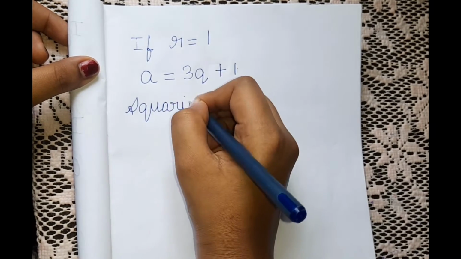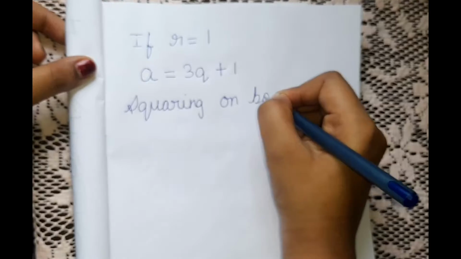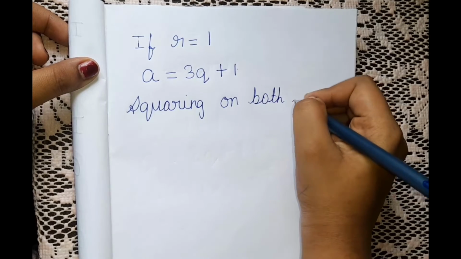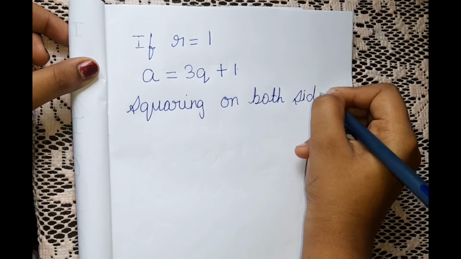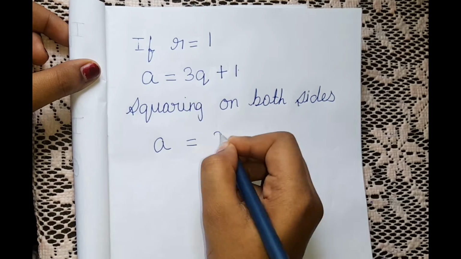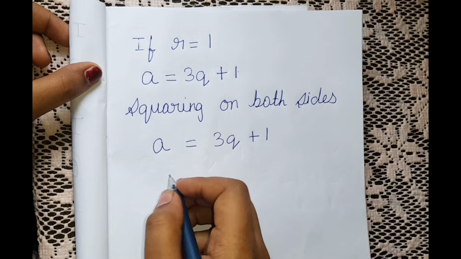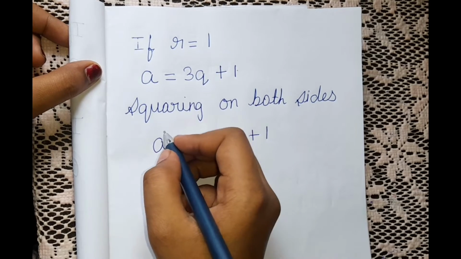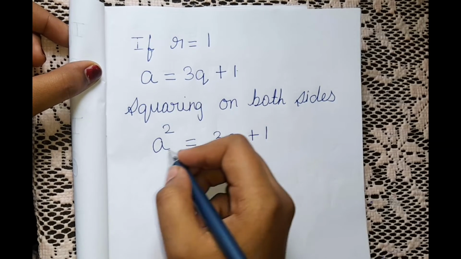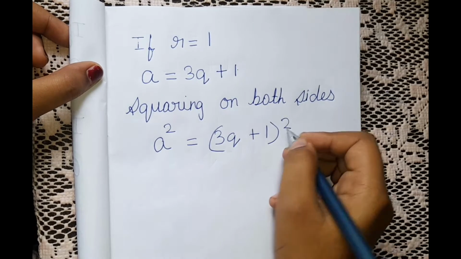Squaring on both sides. Now let's write this form, that is a is equal to 3q plus 1. As we are going to be squaring it, let's write square. So it is a square and 3q plus 1 the whole square.